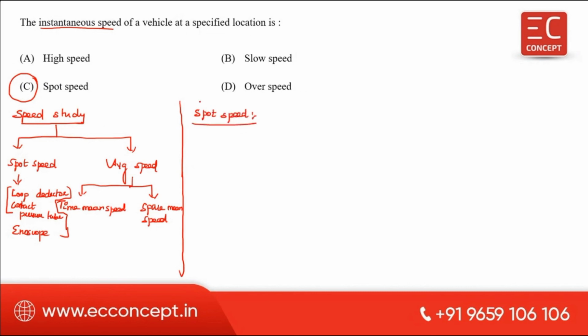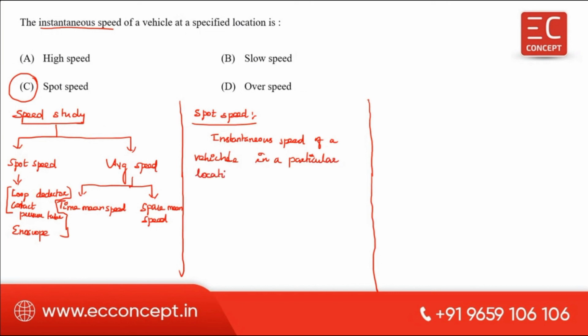Spot speed is the instantaneous speed of a vehicle in a particular location or section at an instant of time.